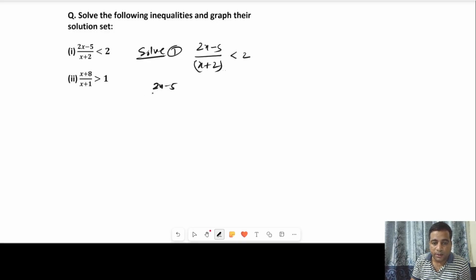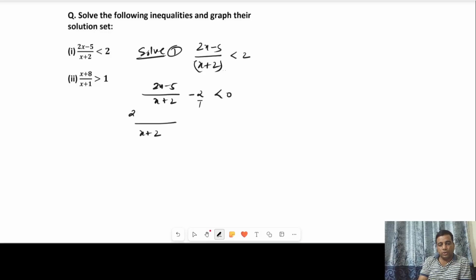So 2x minus 5 by x plus 2 minus 2 is less than 0. Now taking LCM, 2x minus 5 minus 2 times x plus 2, divided by x plus 2, is less than 0. So 2x minus 2x cancels out, and minus 5 minus 4 is minus 9 by x plus 2, this is less than 0.